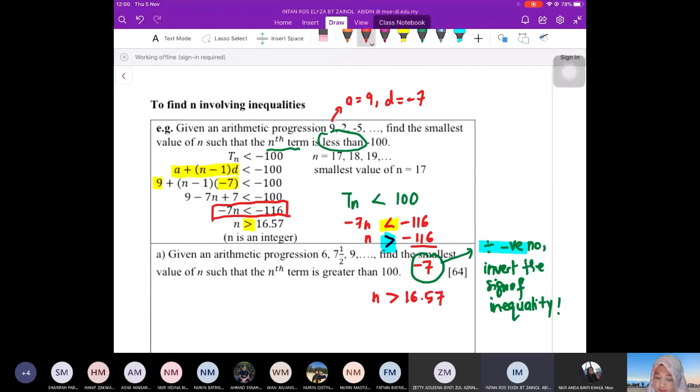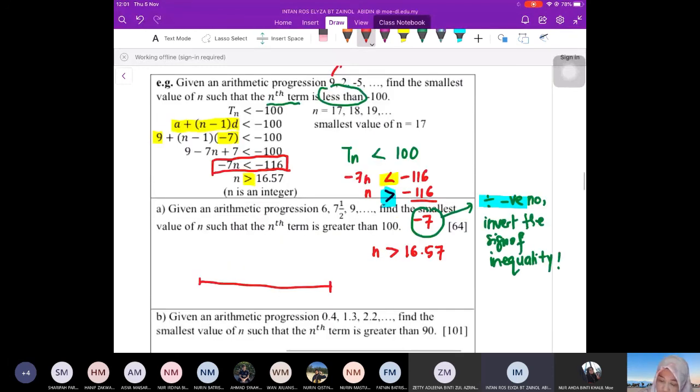So cerita dia macam ni, 16.57 ni in between 16 dengan 17. So kalau dia kata n greater than 16.57, dia besar lagi daripada 16.57. So between 16 and 17, which value is suit to represent n greater than 16.57?